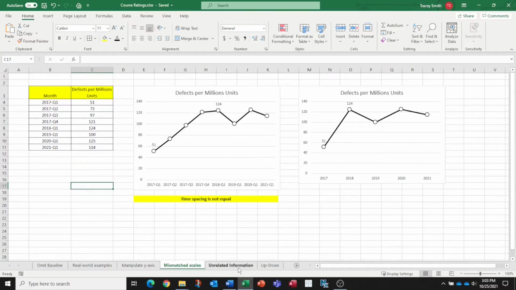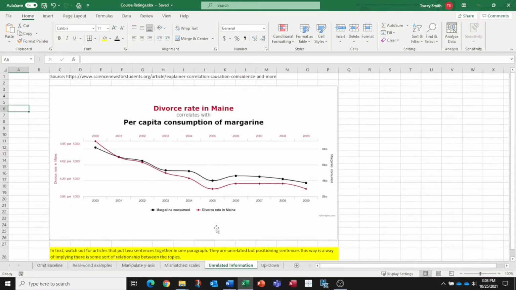Another thing to look at is unrelated information being plotted on the same graph. So this one's a little bit amusing anyway. This is the divorce rate in Maine, and it is actually plotting it in relation to the per capita consumption of margarine, of all things.